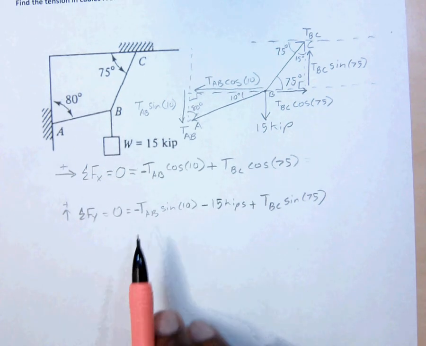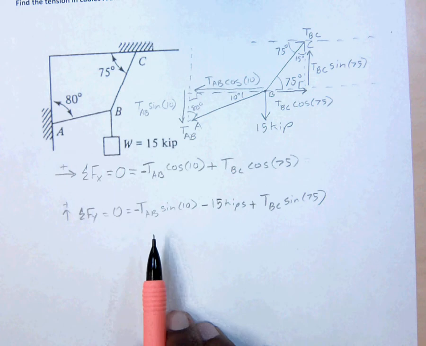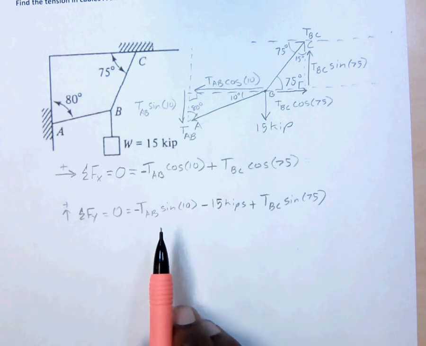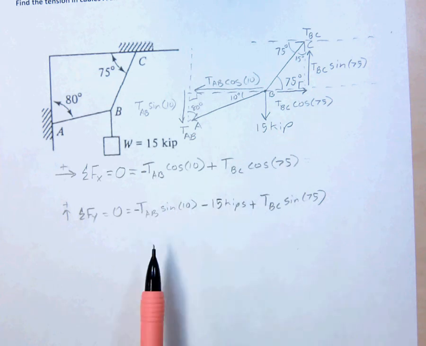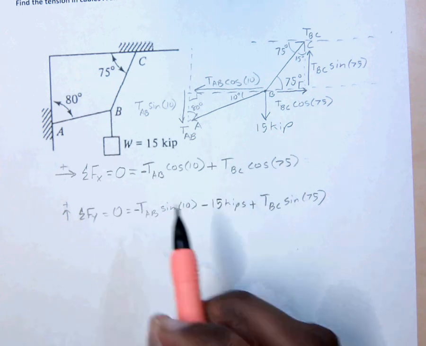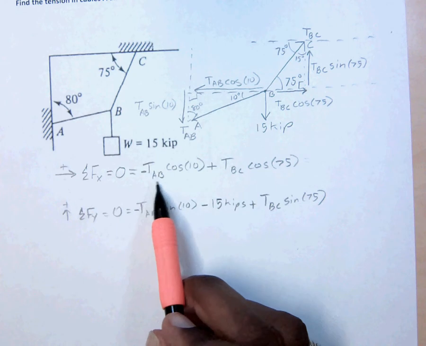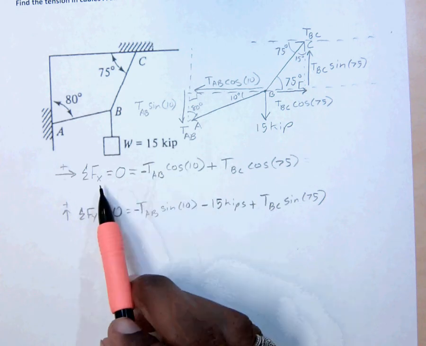So in substitution, your first step is to take the easiest equation and solve for one variable. So I'm going to take our equation up here because it only has two terms. That means I'm going to take tension in AB times cosine of 10, and I'm going to move it to the other side of the 0.